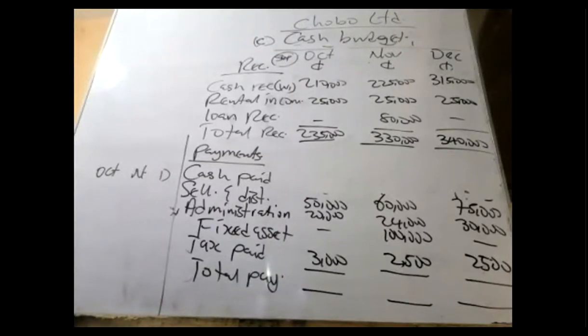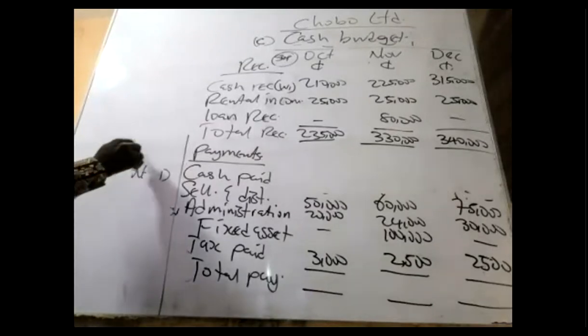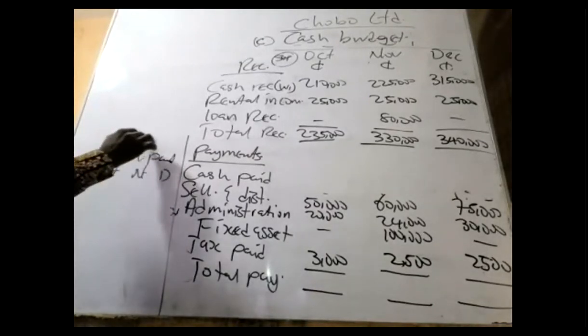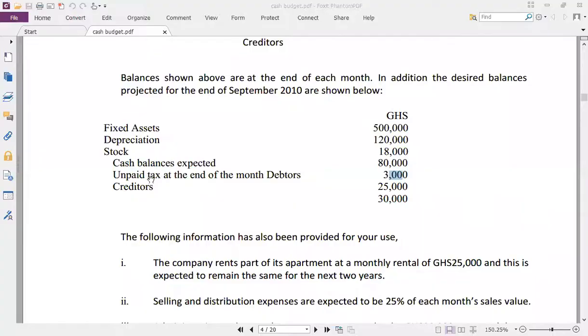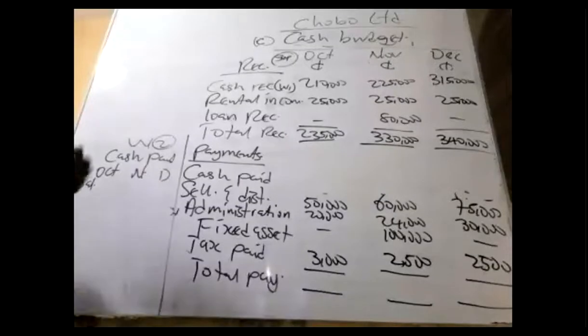Suppliers are who? Your creditors. So check the open balance. So here should be cash paid. Workings number 2. So balance brought down. Suppliers balance brought down. So creditors. Let's go and take the September balance, which will be the open balance for the last 30,000, right? So 30,000.